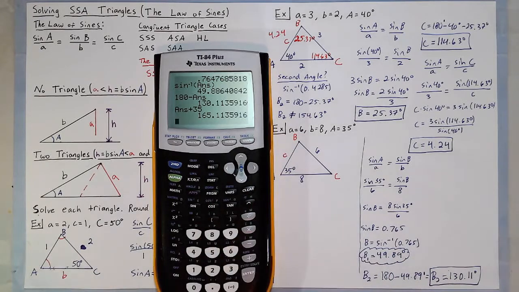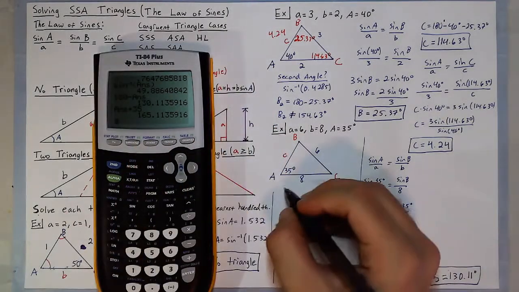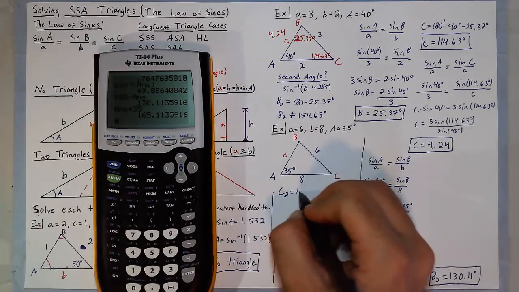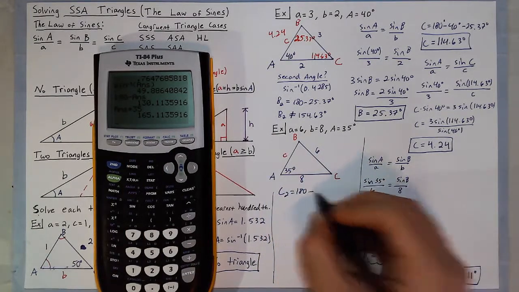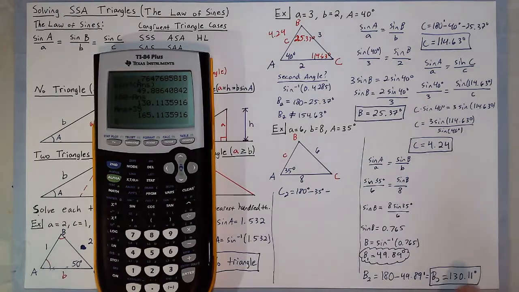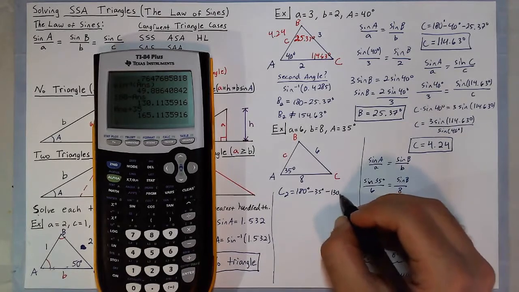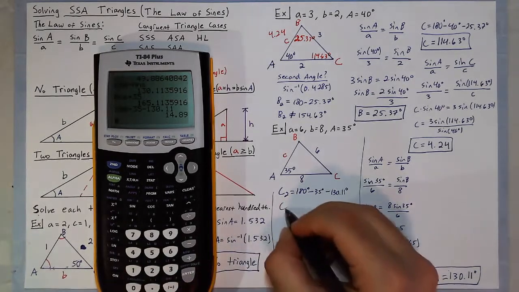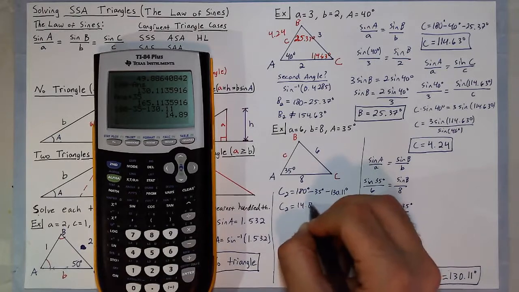Now my two possible angle C's, I'll put C2 on this side, which would be 180 minus 35 degrees minus 130.11 degrees. And that gives me 180 minus 35 minus 130.11, 14.89 degrees.